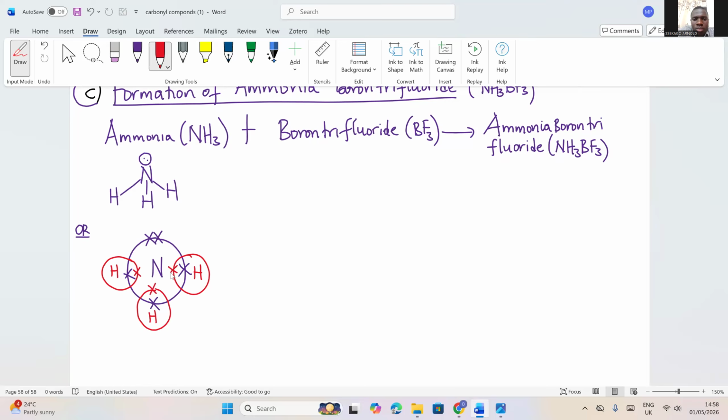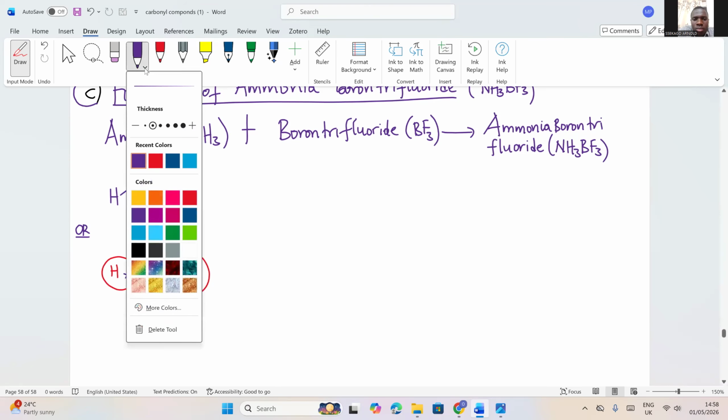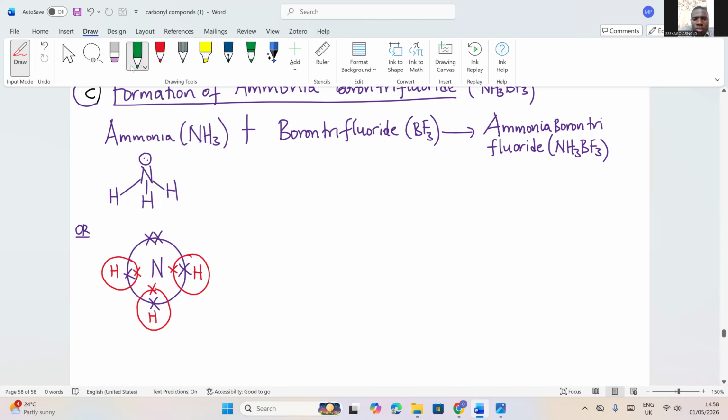Now look at N. I am going to use a different coloring. Look at N very well. So what do I want to say? I think this N here, look at it, there is this thing here, there is also this thing here, there is also that one there, and also this one here.